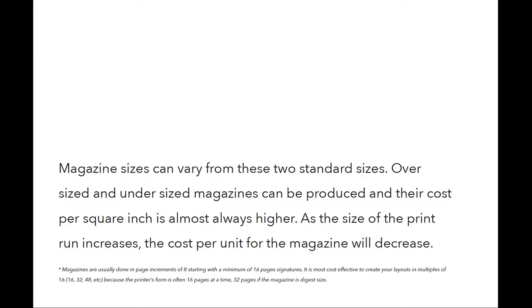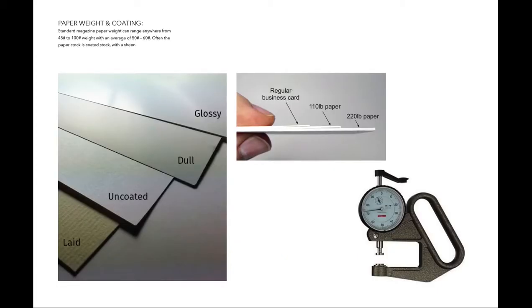That's really important because when they fold and bind the magazine, you don't want to have any blank pages or not enough pages to complete the section. So you'll have magazines that could be 16 pages, 32 pages, 48 pages, as long as it's divisible by 4.